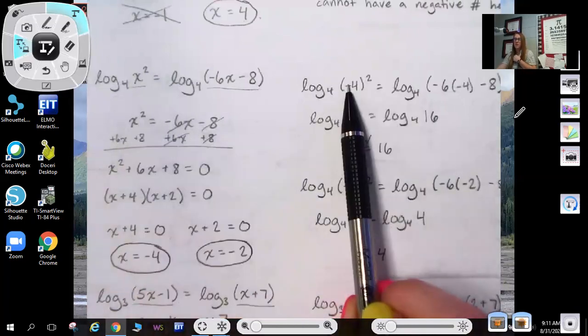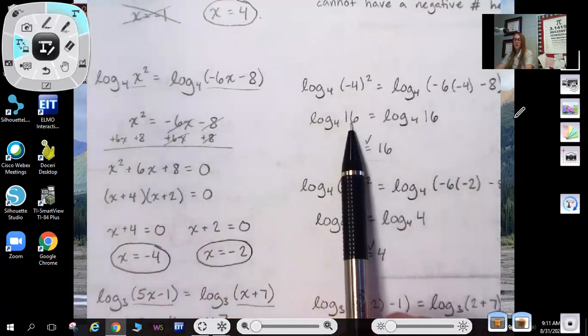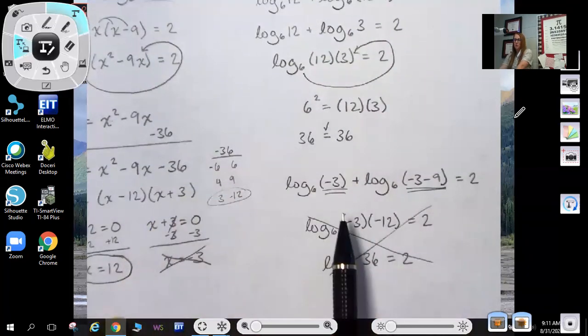It became positive because of how the problem was written. So that was fine. But in this one, we would have to use a property in order to force this to become positive. That's a no-no. If it becomes positive on its own because of how the problem's written, you're good to go. If you have to use a property to force it to become positive, it doesn't work.